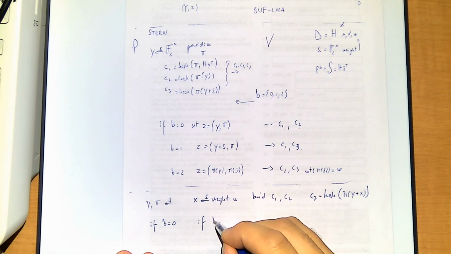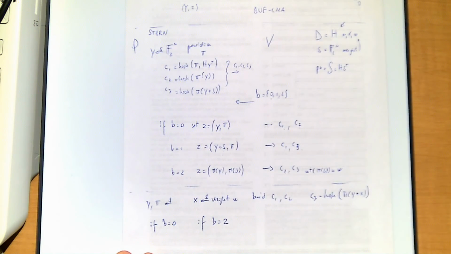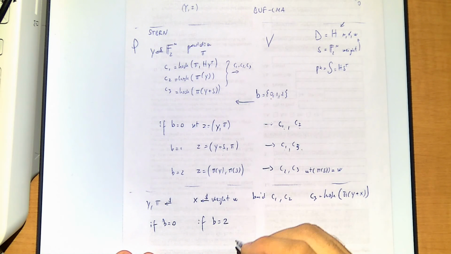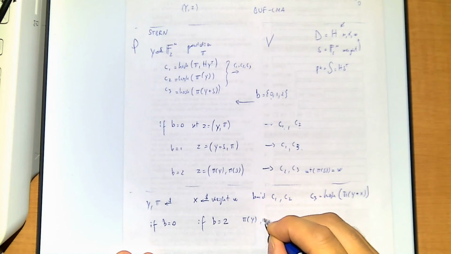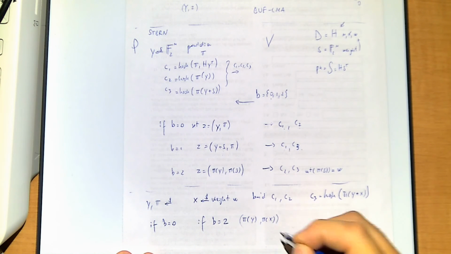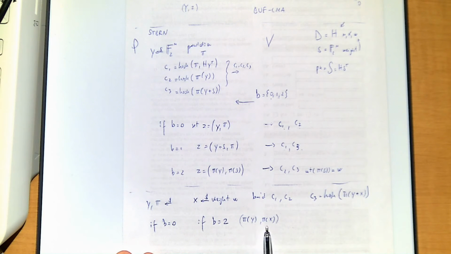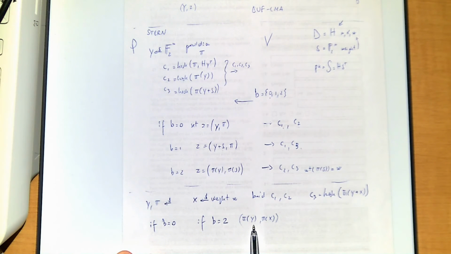If b is equal to 2, what you can do is reply with pi of y and pi of x, and that satisfies the thing. Because here you get pi of y plus x, and that has the correct weight. And then you also want to verify C2, which is pi of y, or you send pi of y.